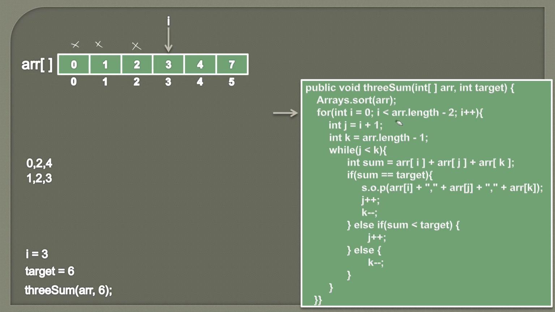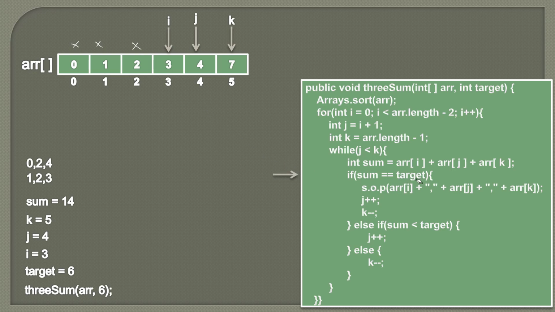So this condition is still true, that i is less than array.length -2. So j will start from 4th index, k will start from the last index, j is less than k. We will do the sum. 3 plus 4 plus 7 will give 14.